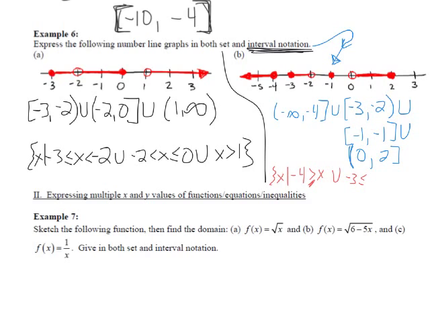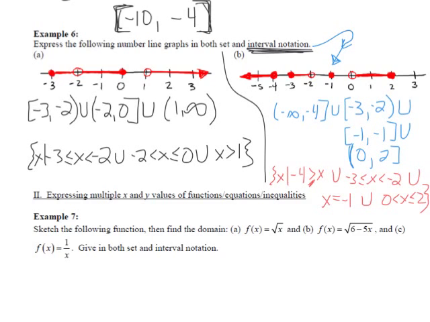Negative 3 is less than or equal to x is less than negative 2, or x equals negative 1, or 0 is less than x is less than or equal to 2, and then we close the brace. There we go. Ooh, those were some long ones.